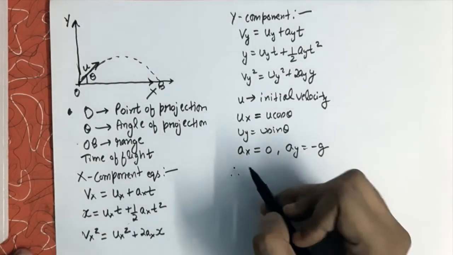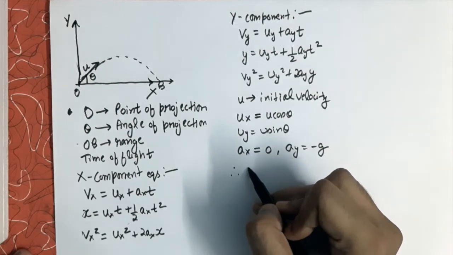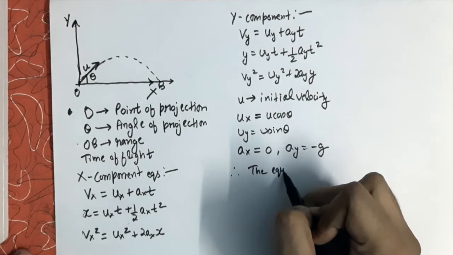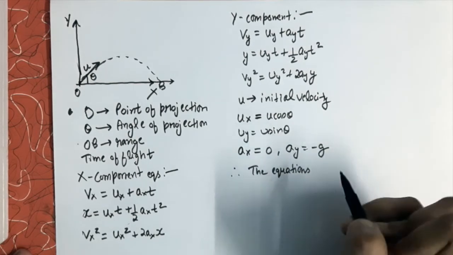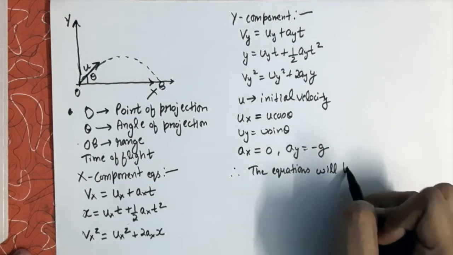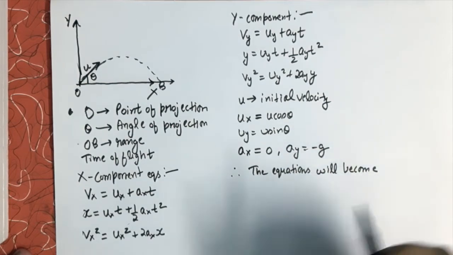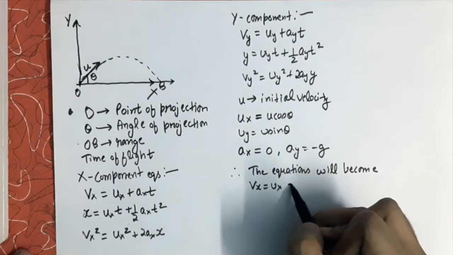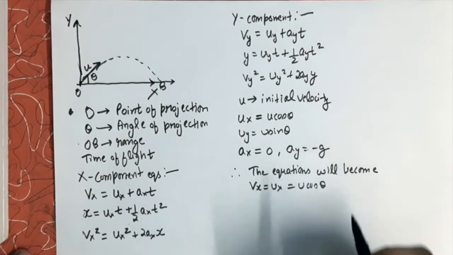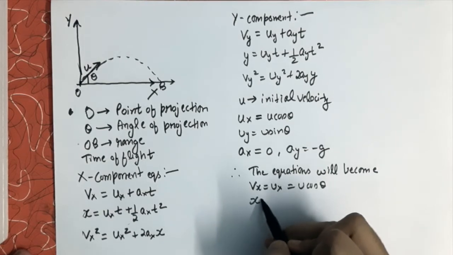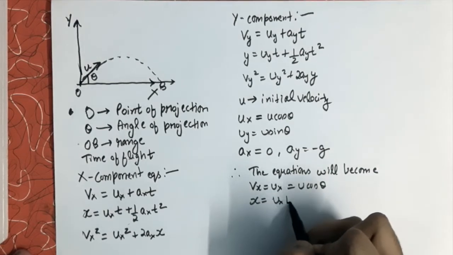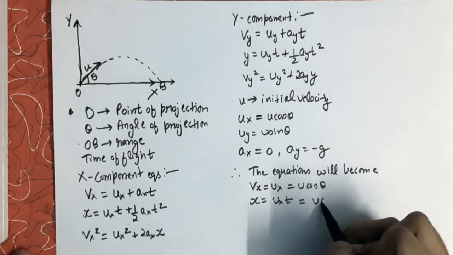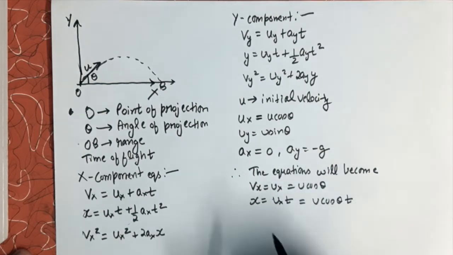Therefore, we can modify the equations. The equations will become Vx is equal to Ux or u cos theta, x is equal to Ux into t or u cos theta into t.